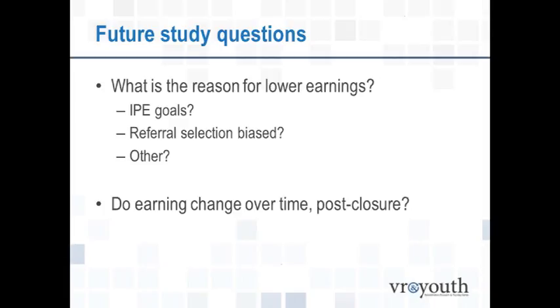And then the other important thing here is that service outcomes change over time. Do earnings change over time post-closure? In other words, after VR closes its case, we hope that they would continue to be employed, but we don't know that either, so we have to study that in the long term.